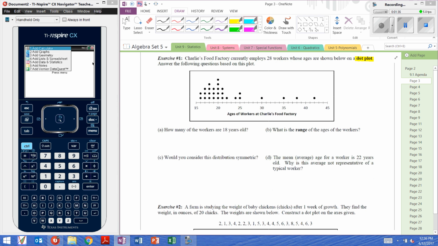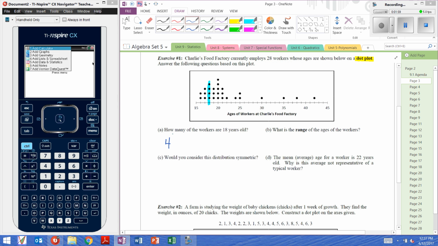Part A, how many of the workers are 18? We're going to find where 18 is located on our dot plot, which happens to be right here. And how many dots do you see? 1, 2, 3, 4. So how many of the workers are 18 years old? 4. And it says, what is the range of the ages of the workers?